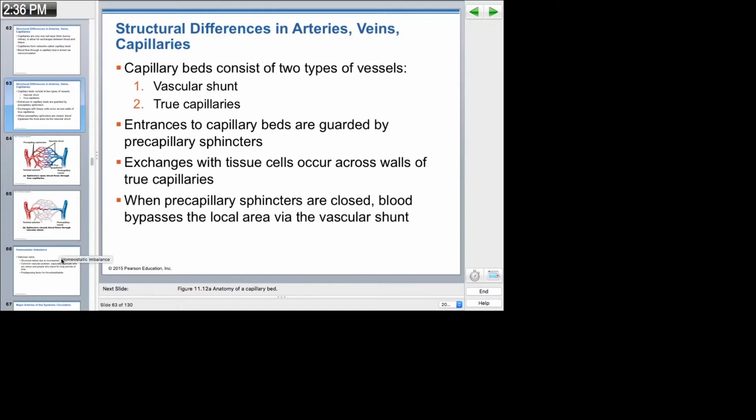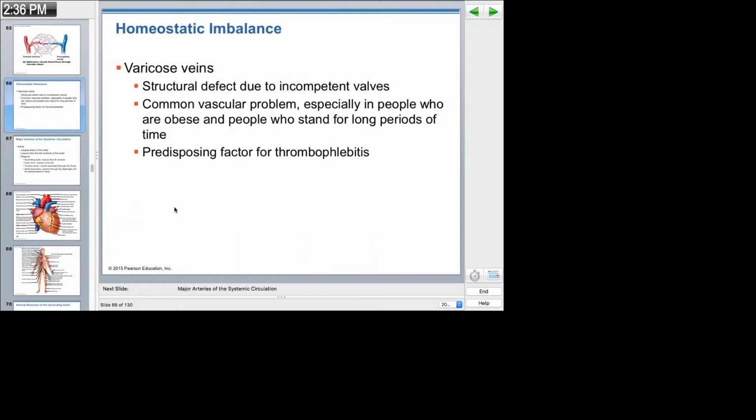Moving on, let's talk about homeostatic imbalance in regard to the capillary beds. There is a condition called varicose veins, and you see them.